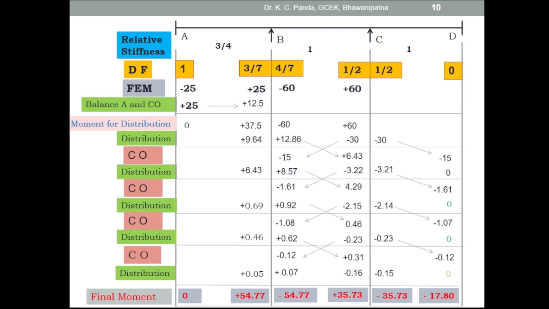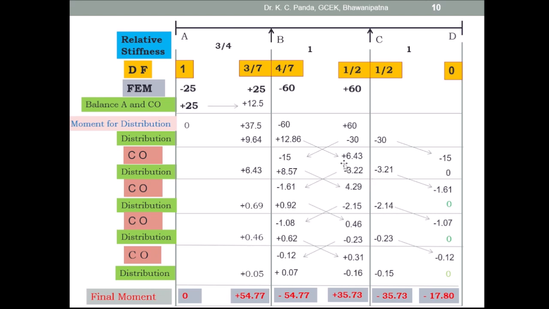So that moment is balanced by multiplying with the distribution factor. So minus 15 into 3 by 7 is equal to plus 6.43. Minus 15 into 4 by 7, that you have to balance, that is equal to plus 8.57.